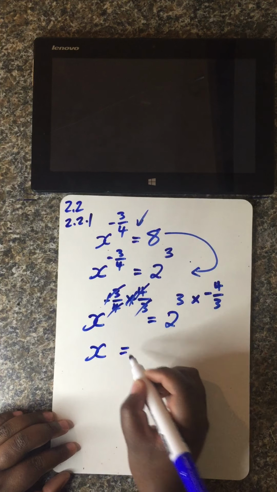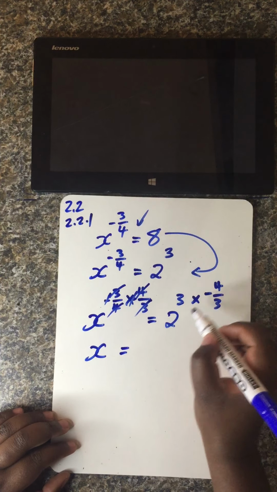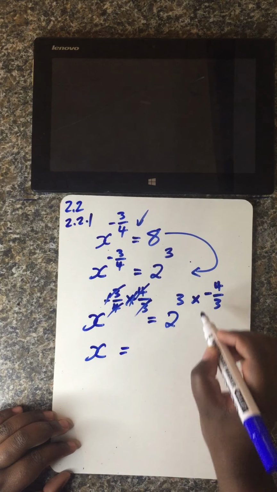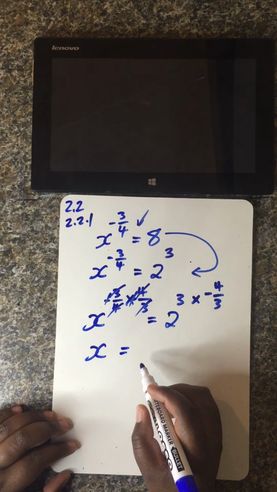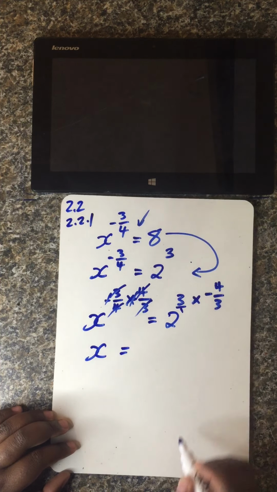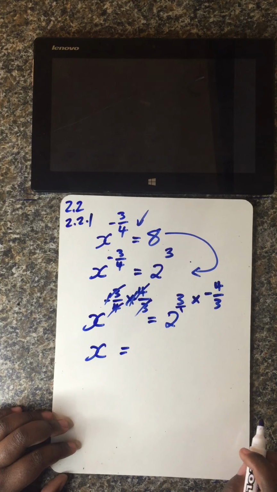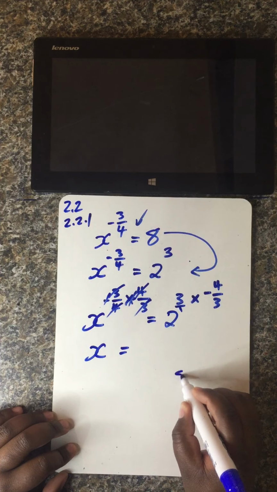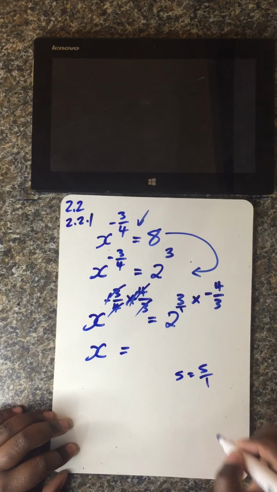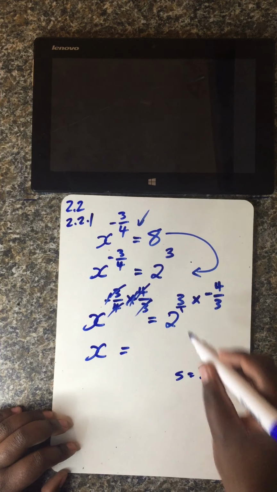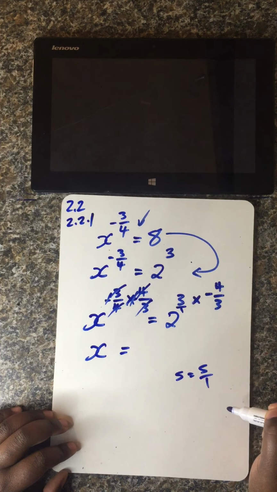So let's now continue. We've got 2 to the exponent 3 multiplied by that. Obviously, ladies and gentlemen, 3 is the same as 3 over 1. If you've got 5, just know this is the same as 5 over 1. It doesn't matter whether it's in the position of power or in the position of the base.